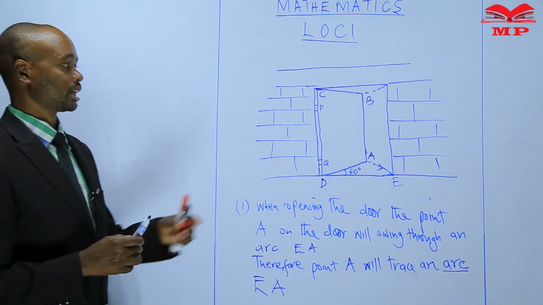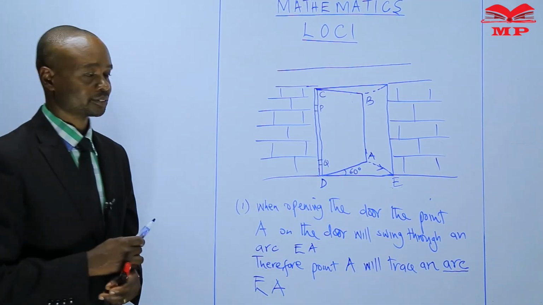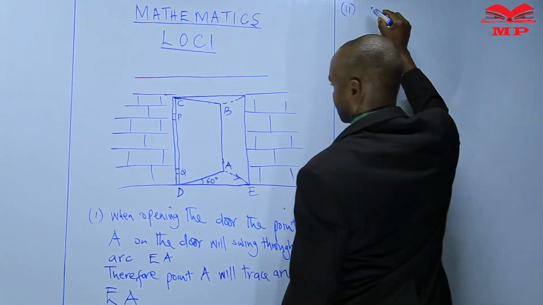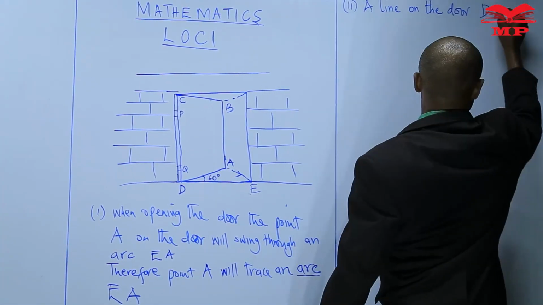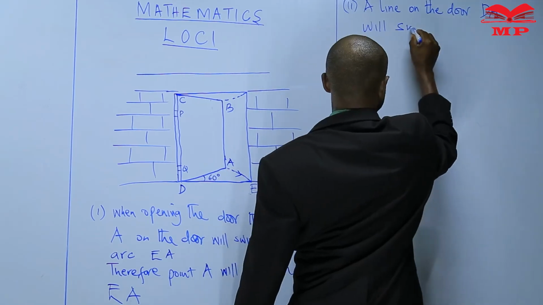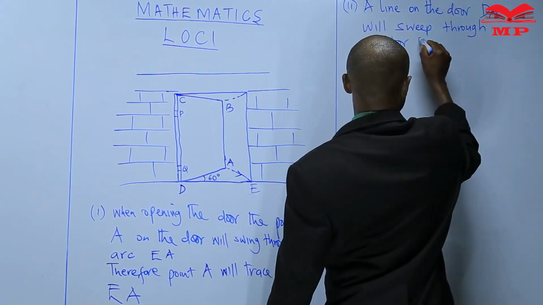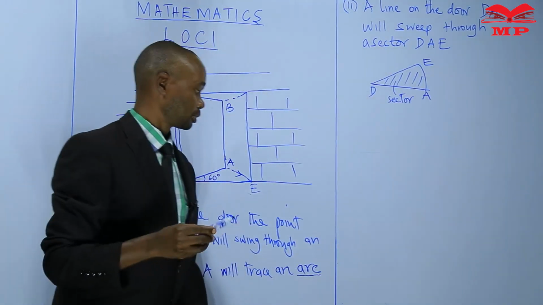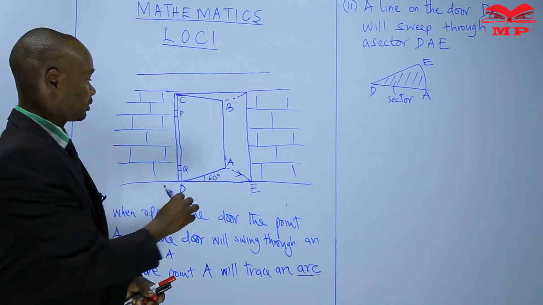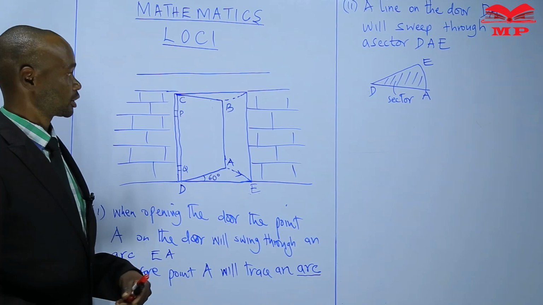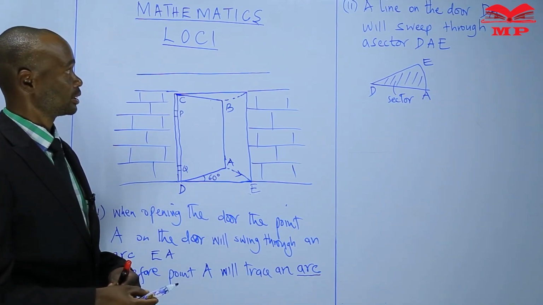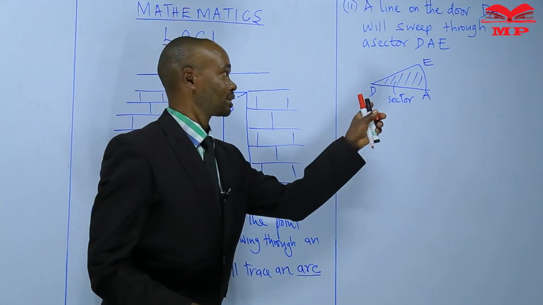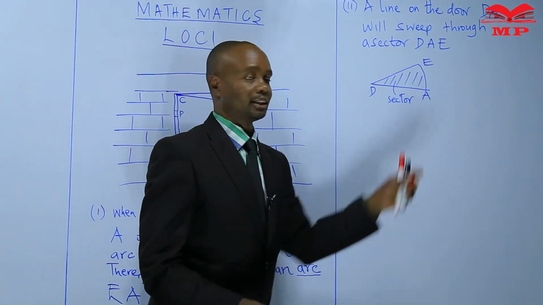So we've looked at a point on the door. In point 2, to explain the second point, a line on the door as it swings to close or open, a line on the door DA will sweep through a sector DAE.